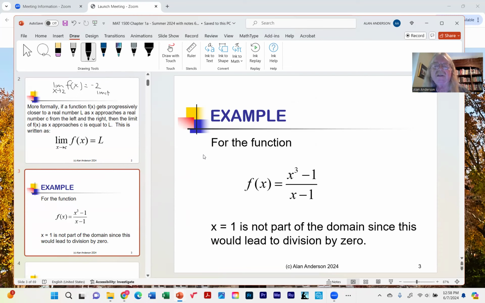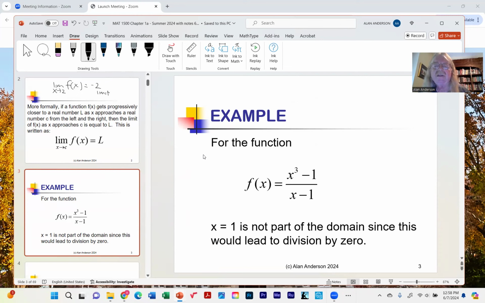So here's what the function looks like, and you can see x equals 1. At x equals 1, there is a hole in the function at 3. So if this point was part of the function, it would be 1 comma 3, but it's not. There's a hole there because this leads to division by 0.